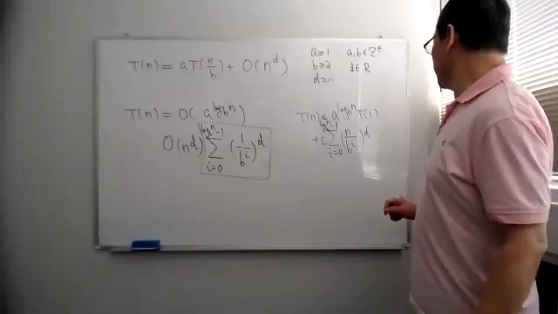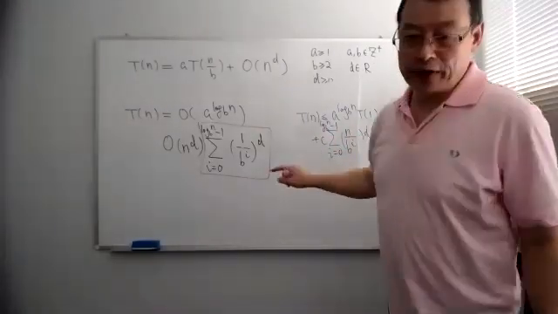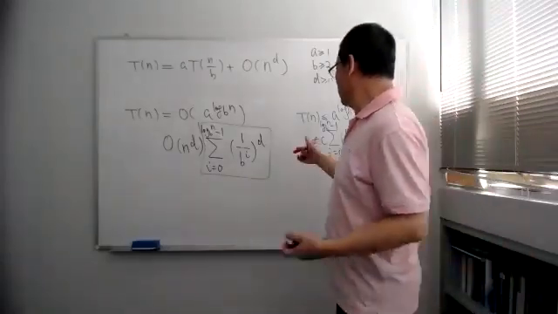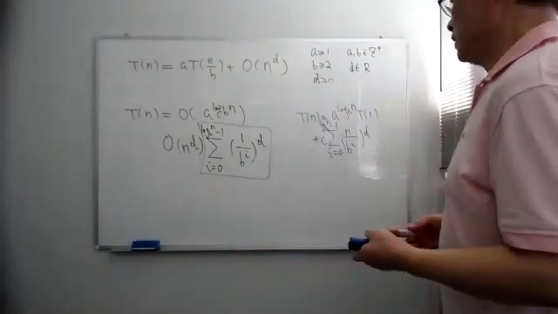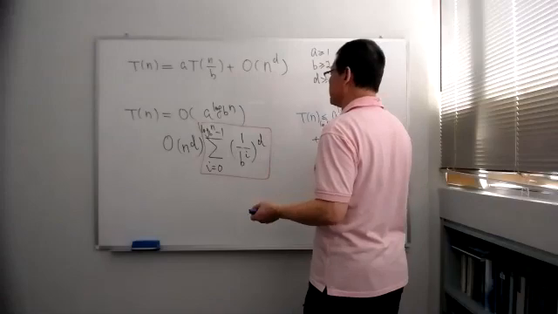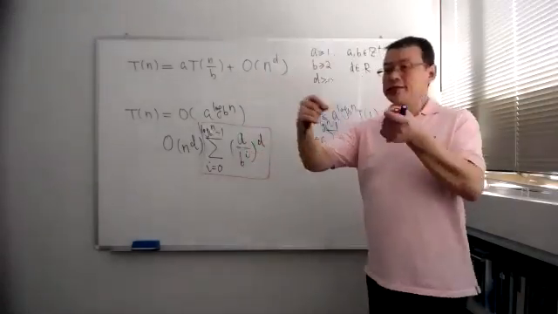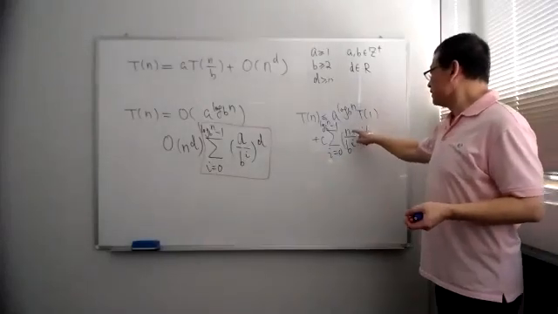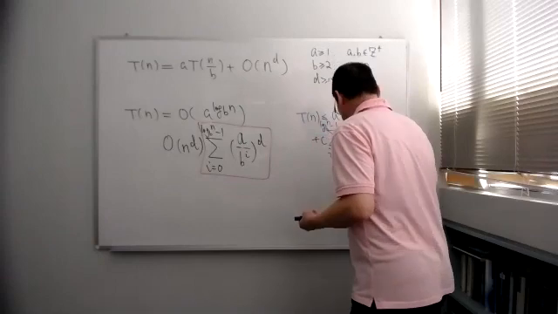Oh, sorry, I forgot an A. Here I forgot an A. Somewhere I forgot an A. There should be an A here. Where did I forget this A? There is A. This one should be A. Oh yeah, when I expanded it, I forgot this A. Otherwise it does not make sense.